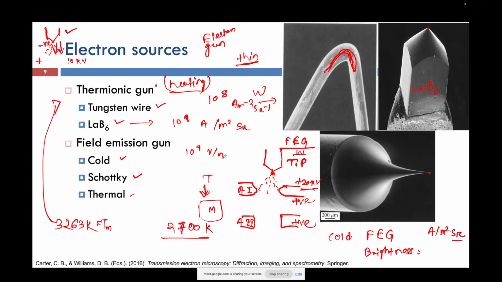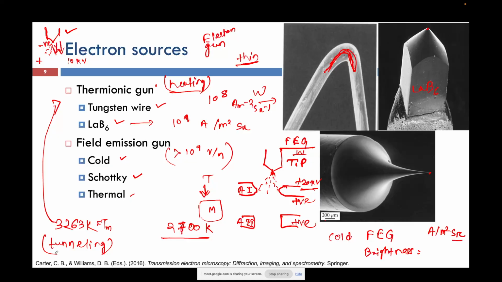Only when I apply this amount of electric field will I be able to generate electrons from my tip without heating, right? This effect is known as tunneling.